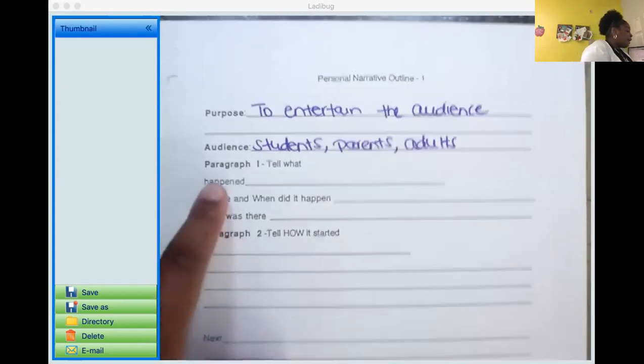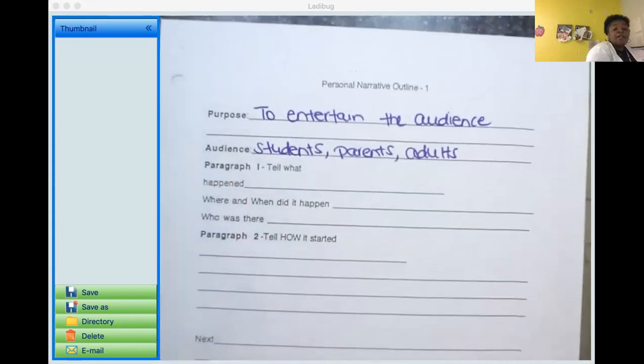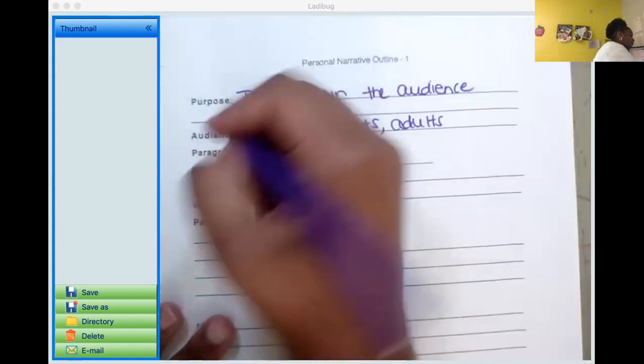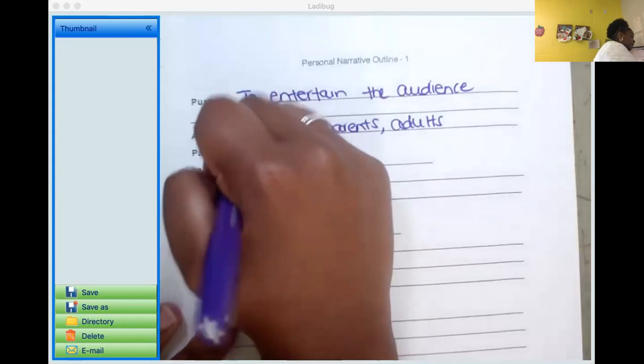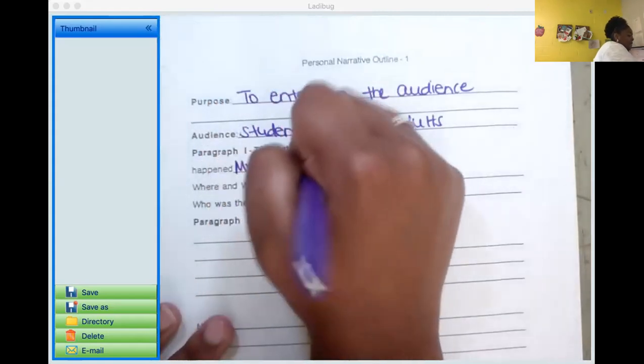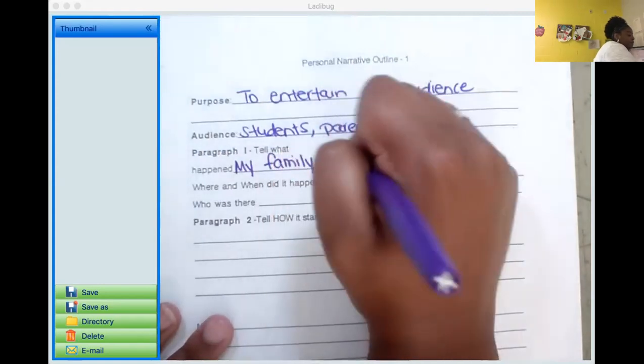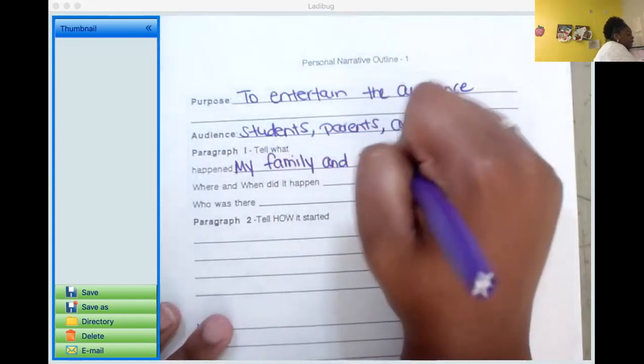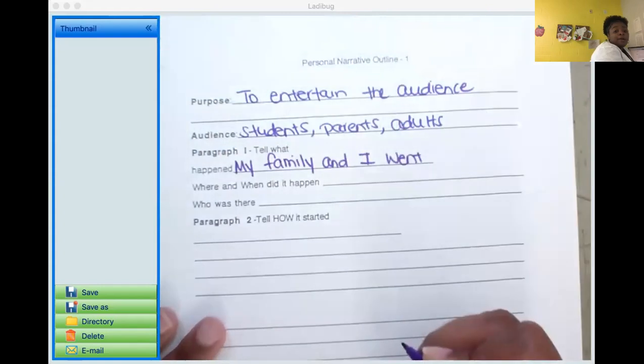So paragraph 1, tell what happened. This is where you're going to lay out the topic of your personal narrative. So I'm going to put my family and I went to Disney World. You're going to write in whatever applies to your topic.